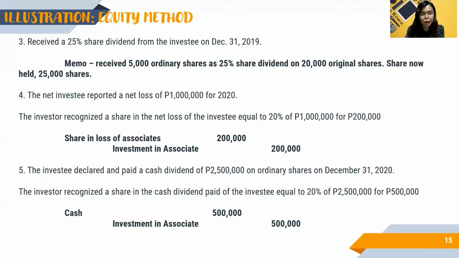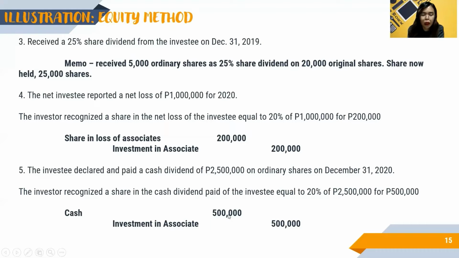So, number 5, the investee declared and paid a cash dividend of 2,500,000 on ordinary shares on December 31, 2020. The investor recognized a share in cash dividends paid on the investee equal to 20% of 2,500,000 or 500,000.